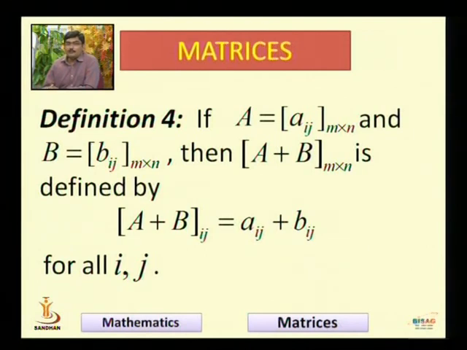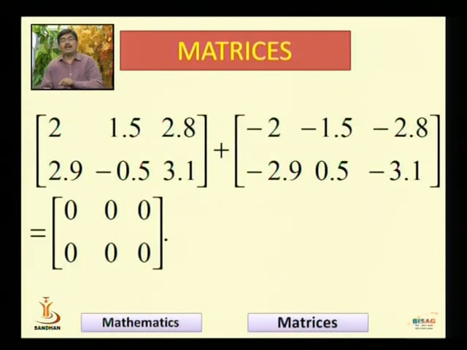It is defined like this: the ijth entry of the addition is equal to the addition of the corresponding ijth entries of matrix A and matrix B. More precisely, the ijth entry of A plus B is equal to aij plus bij for all i and j, and this gives us a definition of addition.